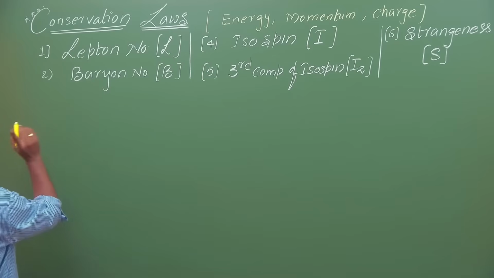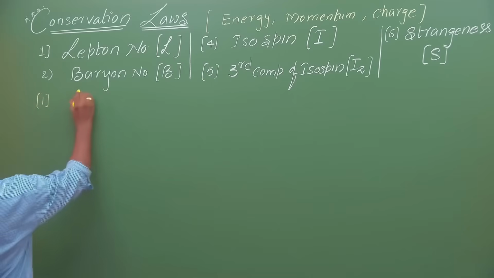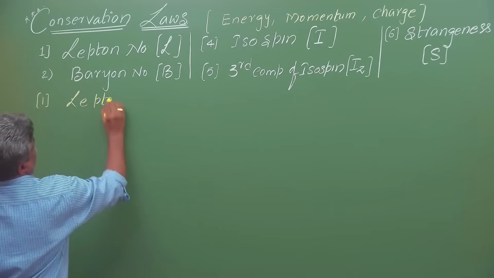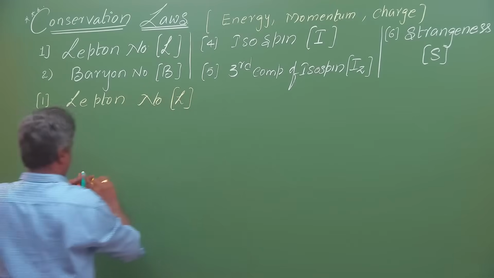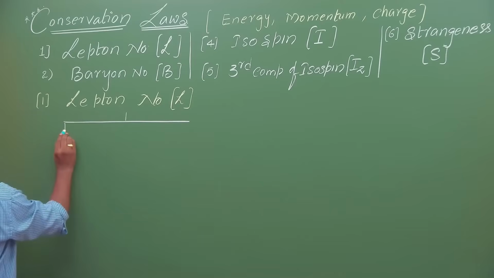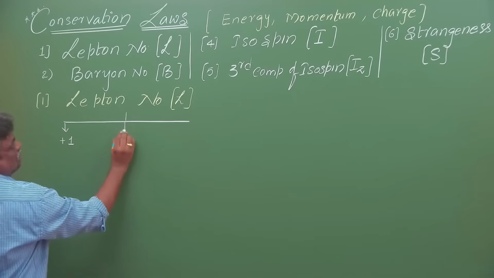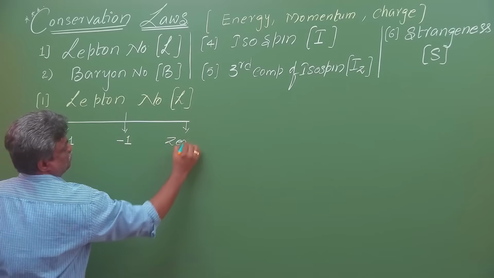Very important, please focus. First one, lepton number, which is represented by L. So how to define this lepton number? The lepton number is defined as either +1 or -1 or 0.